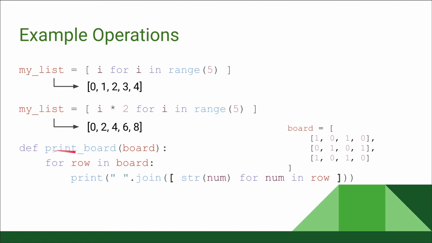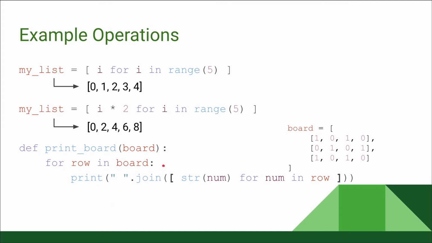So our function is going to accept a board as a parameter, and let's assume that this is our board. I know that's smaller than the ones we made in that assignment, whatever. This is our board for right now. So for each row in our board, we want to join that row and print it.